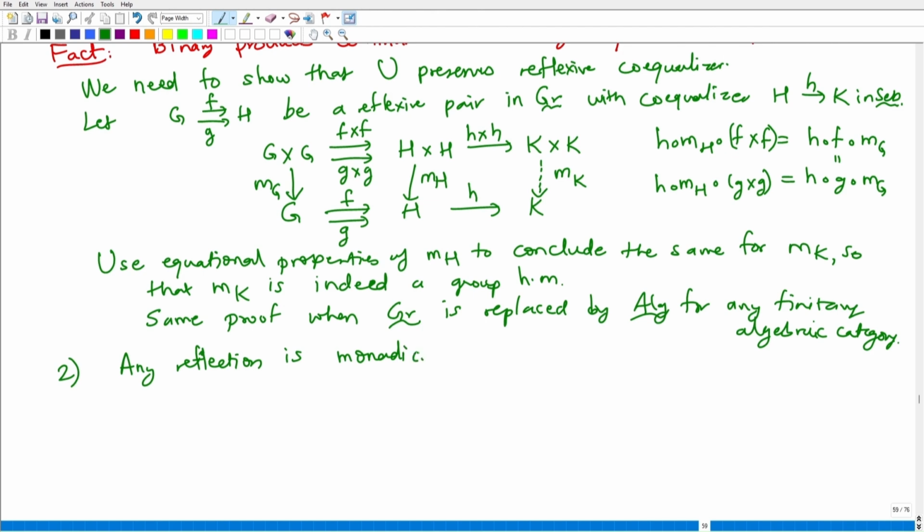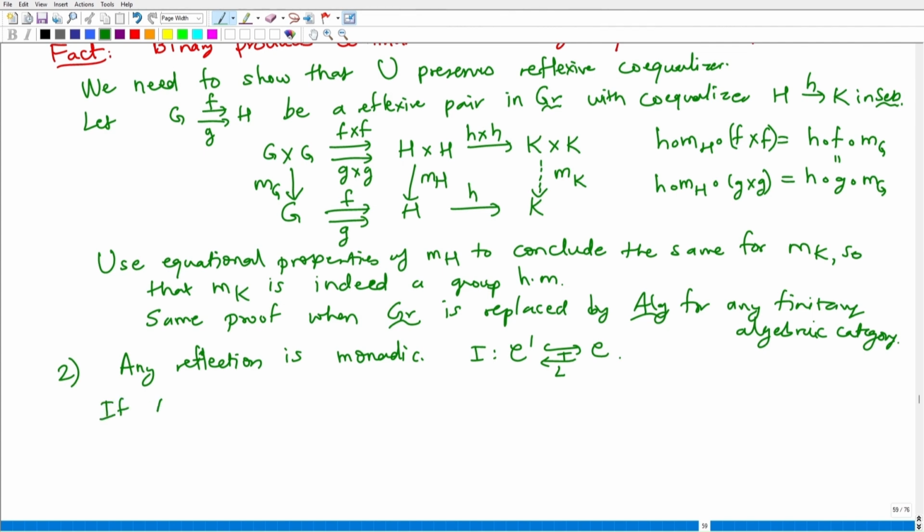For example, we are given this I from C prime to C, this is our inclusion functor, and then it has a left adjoint. Then which functor is monadic here? What are we talking about? The right adjoint. Basically the inclusion functor is monadic. C prime is a full subcategory, that's also part of the definition.